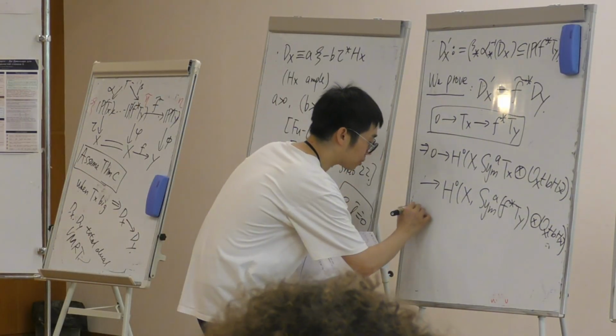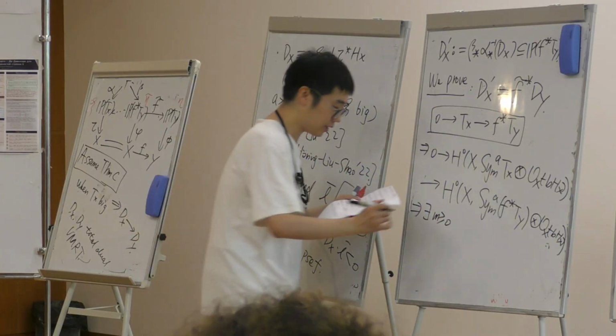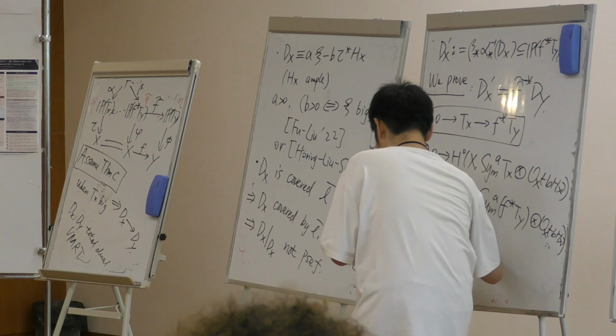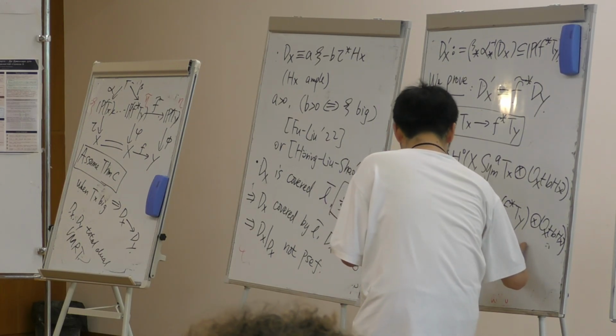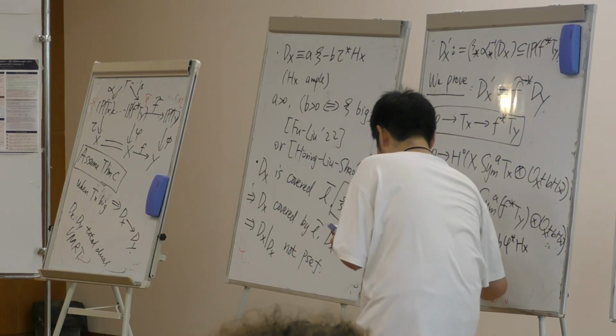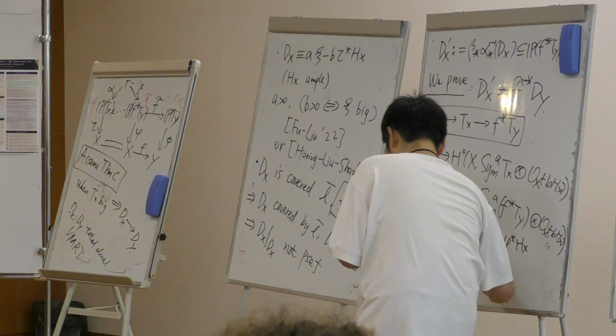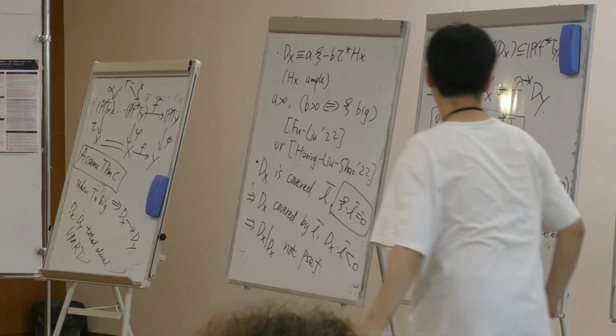Then we can obtain that there exists some non-negative integer m such that this a eta tilde minus b phi pullback hx is linearly equivalent to dx prime plus m phi pullback hx.